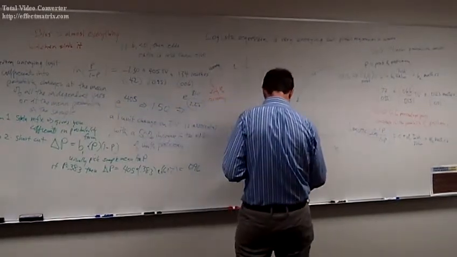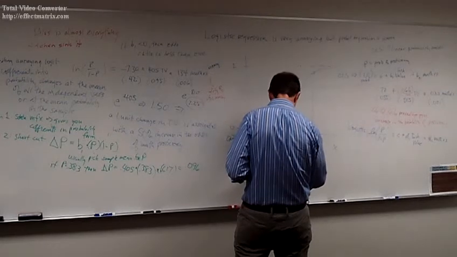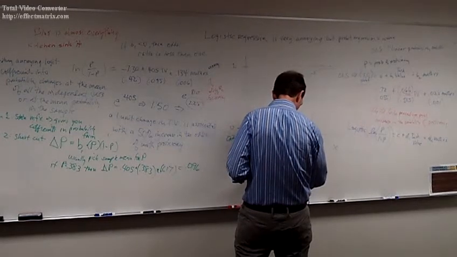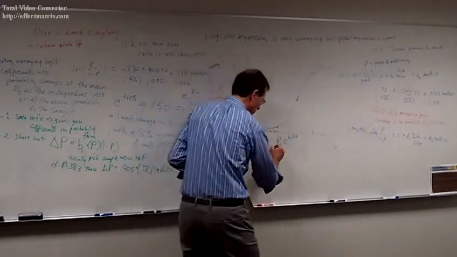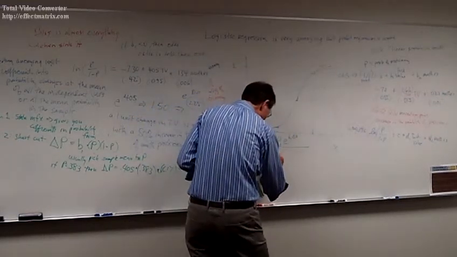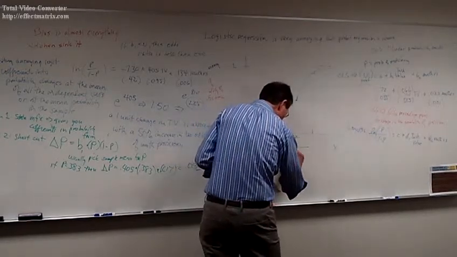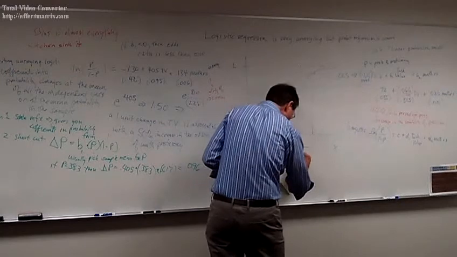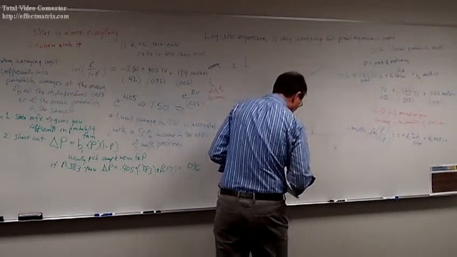So it's probability 1 times e to the coefficient times whatever unit change you want in task value, divided by 1 minus P1 plus P1 times e to the coefficient times the change.